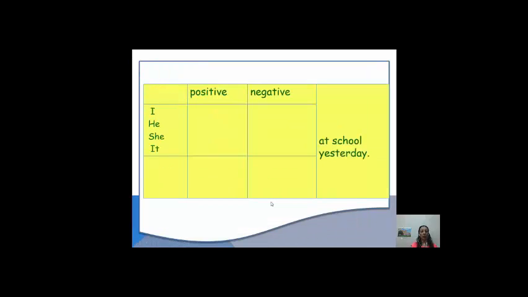Let's see with all the personal pronouns. With the personal pronouns I, he, she, and it, we use was in the positive sentence, the affirmative sentence, and wasn't for the negative sentence. So here, am in the present changed to was, and is also changed to was, and in the negative, wasn't.